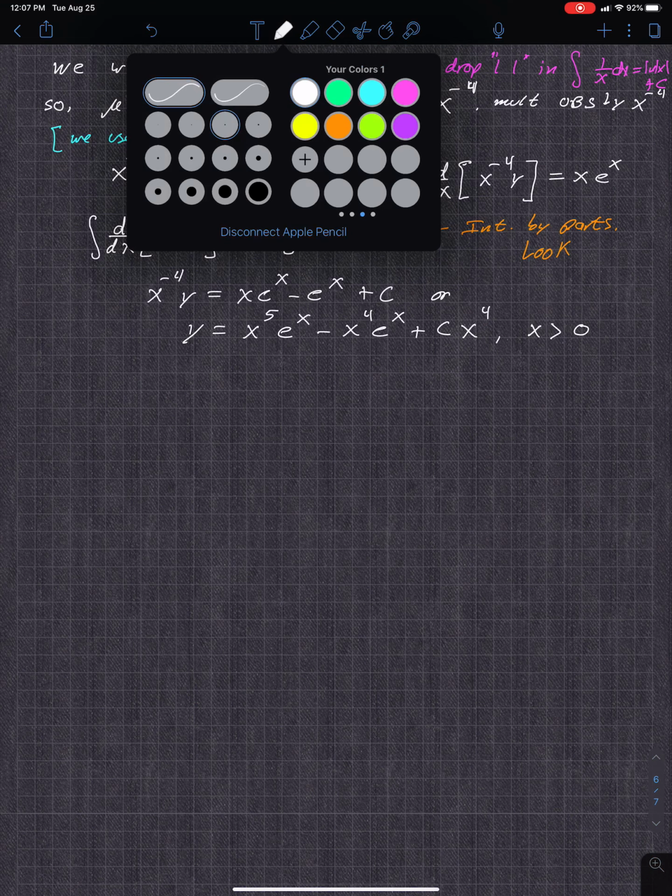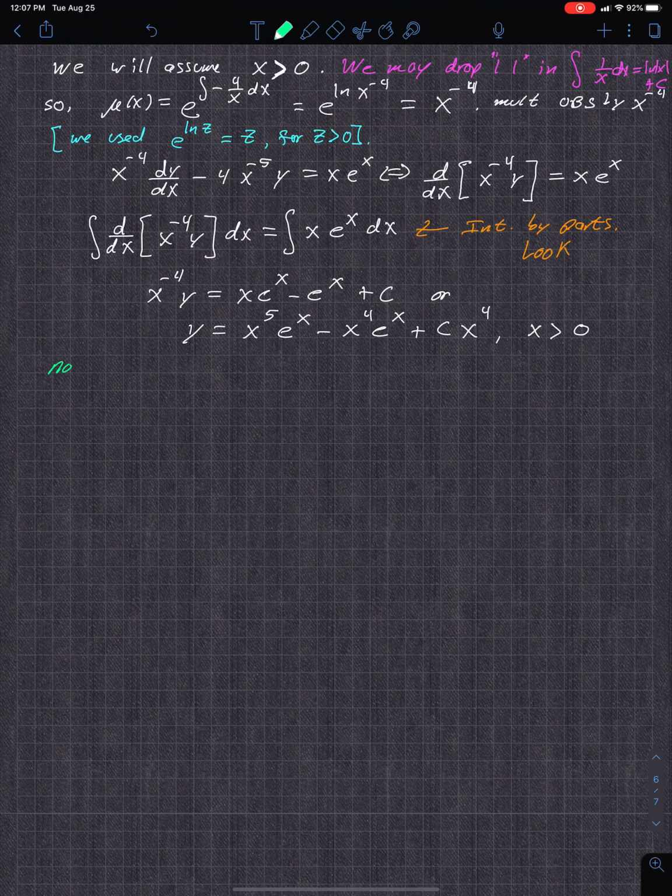Okay, and I did say this earlier, I wanted to write it up. So note: values for which, sorry, a sub 1 of x equals 0 are called singular points, or values, or a singularity.